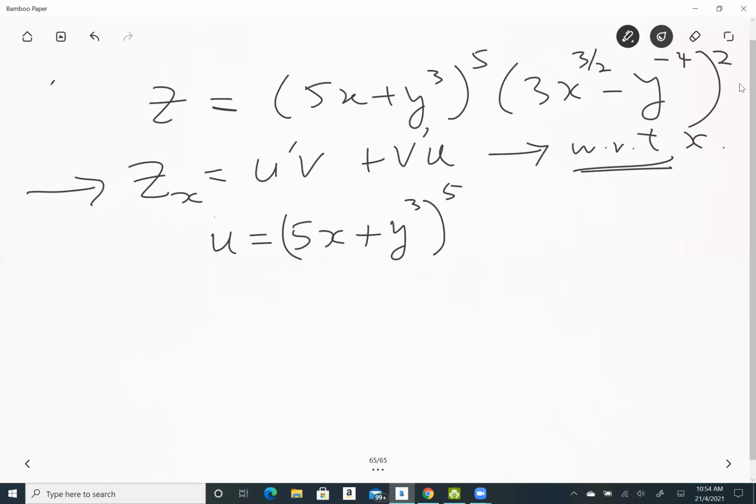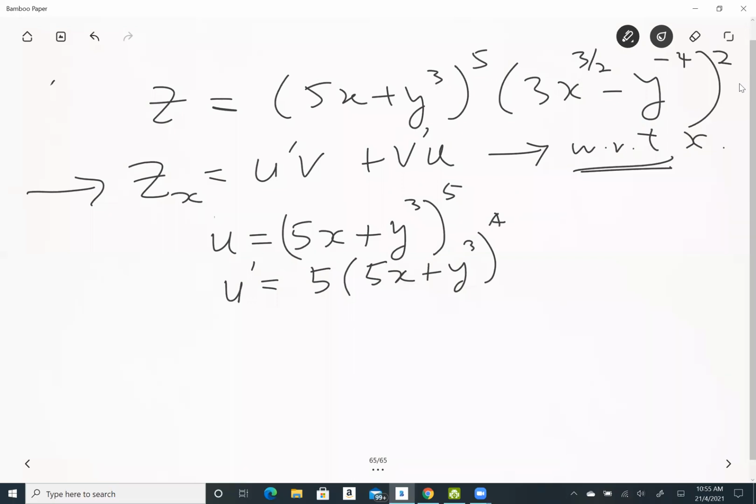So how do you do the derivative? So the u prime will be what? You have 5, and then everything in the bracket to the power of 4, and then you have to multiply by the derivative of the bracket.